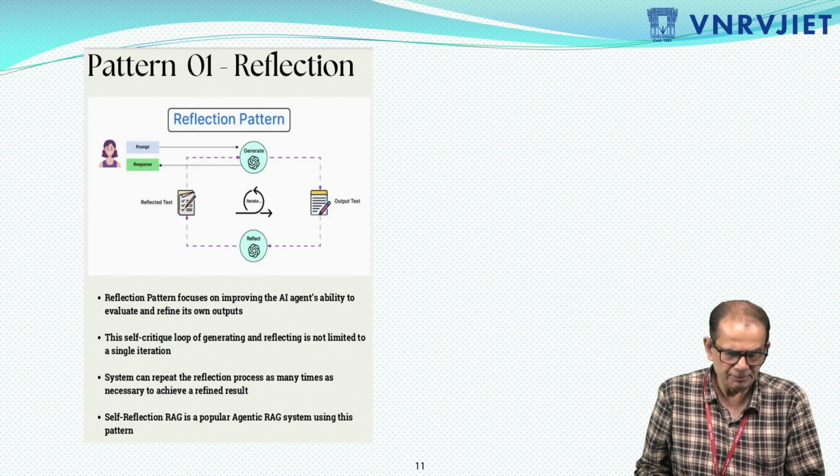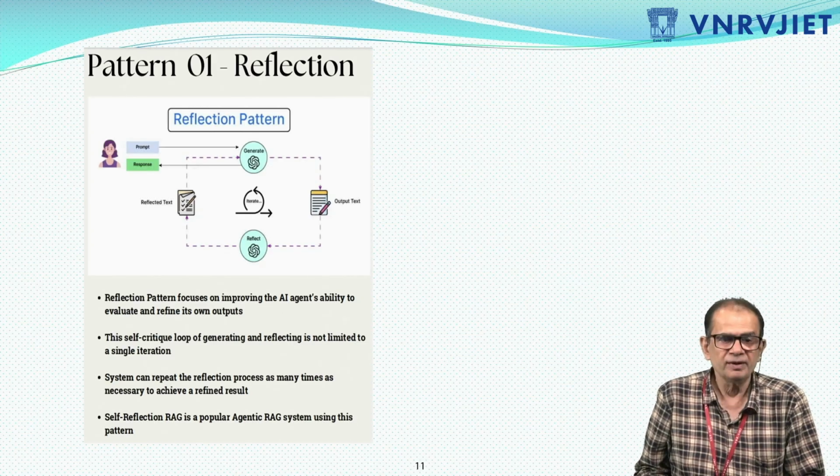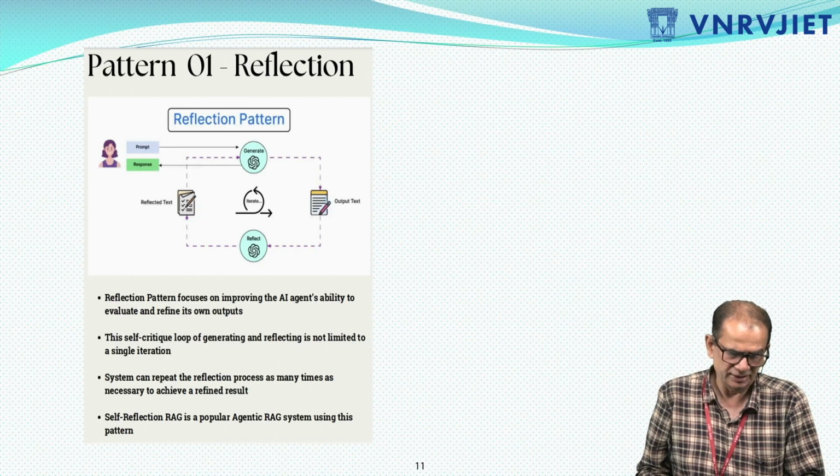In the reflection pattern, we aim at improving the AI agent's ability to evaluate and refine its own outputs. This is a self-critic loop that generates and reflects, and reflecting is not limited to a single iteration.